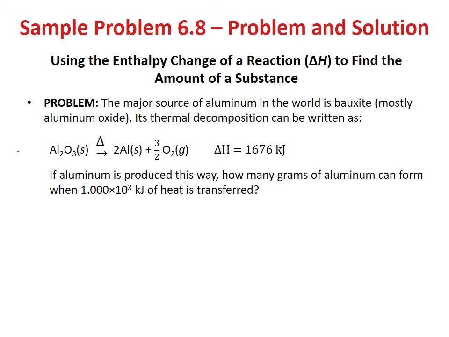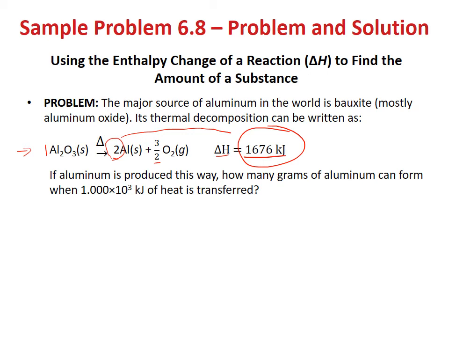If we look at the balanced equation, we know that 1 mole of aluminum oxide is equivalent to 2 moles of aluminum and 3/2 moles of oxygen. And now the thermochemical equation tells us that there's an enthalpy of 1676 kilojoule that is equivalent to this amount of substance. In other words, 2 moles of aluminum is equivalent to 1676 kilojoule of heat.